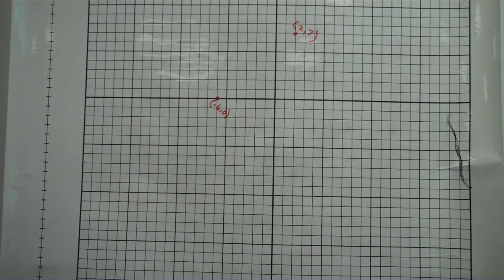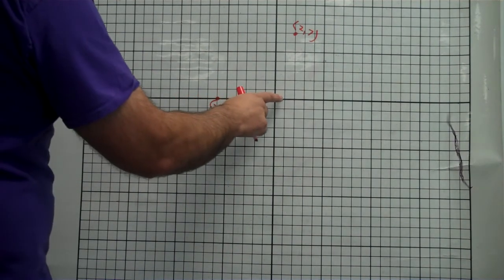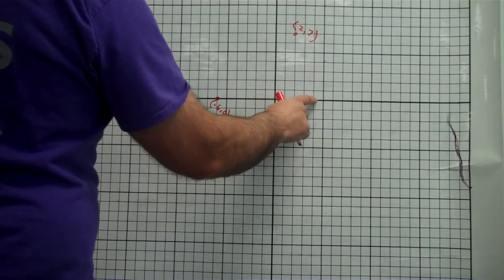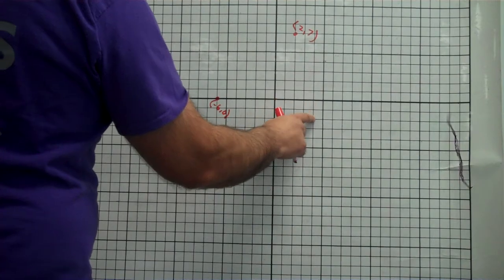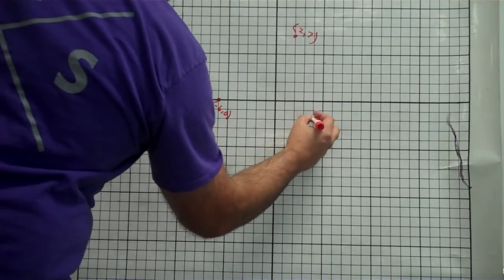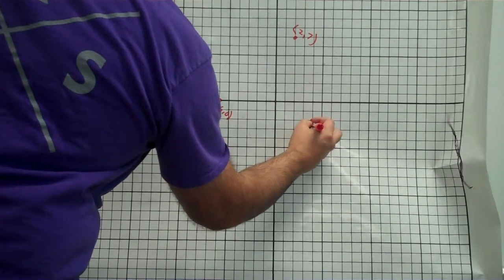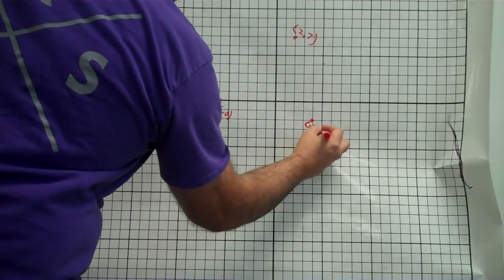And then for my last point, which is 4, negative 2, I'm going to start at the origin and go over to the right 4, 1, 2, 3, 4. And then I'm going to go down on the y-axis 2, 1, 2. And my coordinate is going to be right there for 4, negative 2.